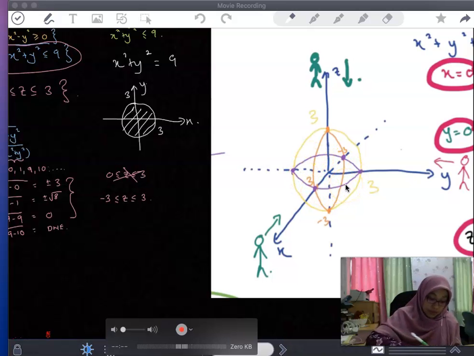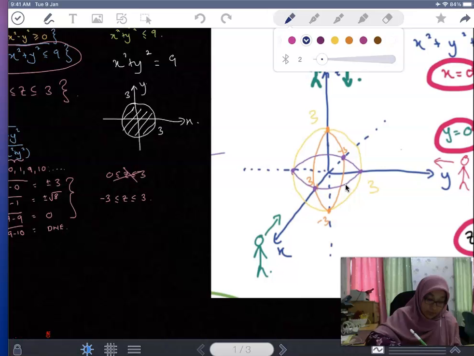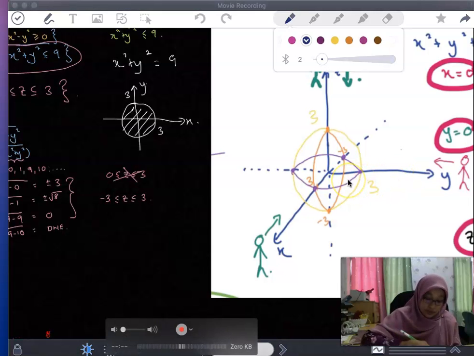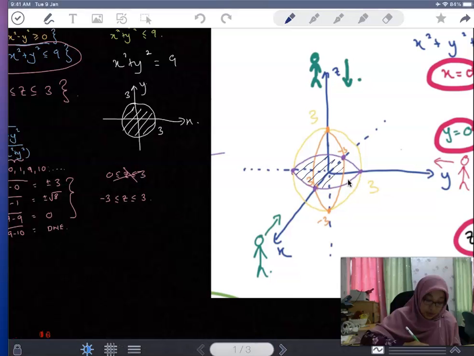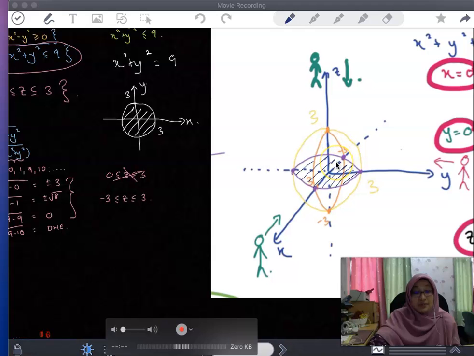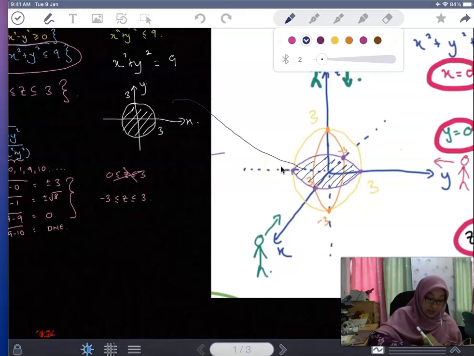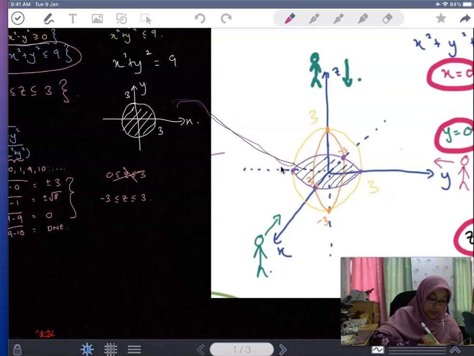So using this one, the domain here is this one. So what is domain actually? Domain is the view, the curve that you can see when you're standing on the Z axis or along the Z axis. When you're looking down, you can see this one, which is actually your domain.